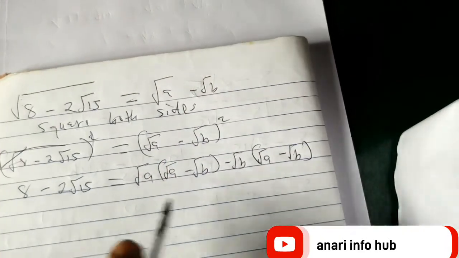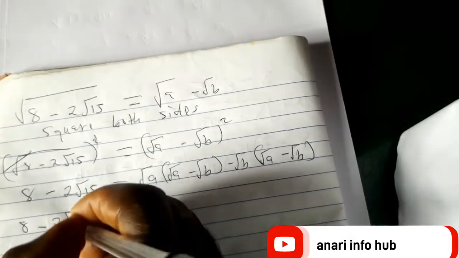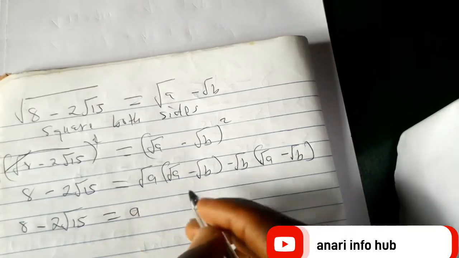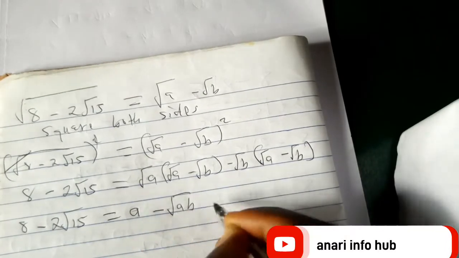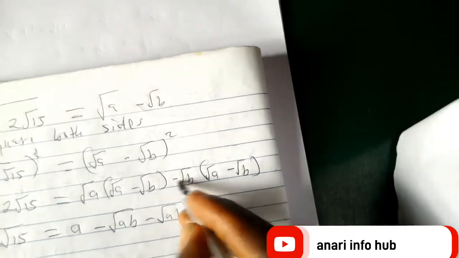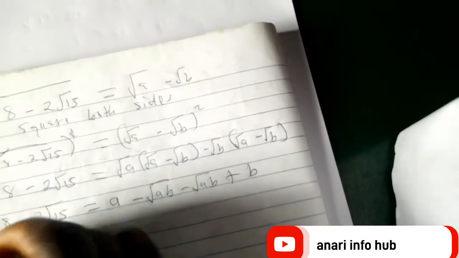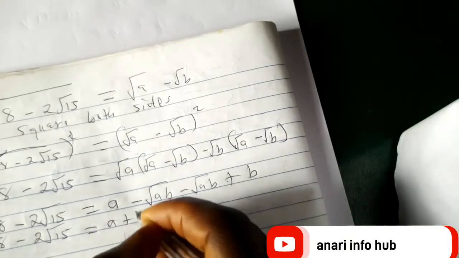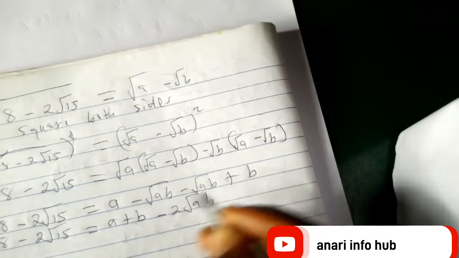So we are opening the bracket here. 8 minus 2 root 15 equals a minus root ab, minus root ab, and minus times minus is plus b. So I have a plus b minus 2 root ab.